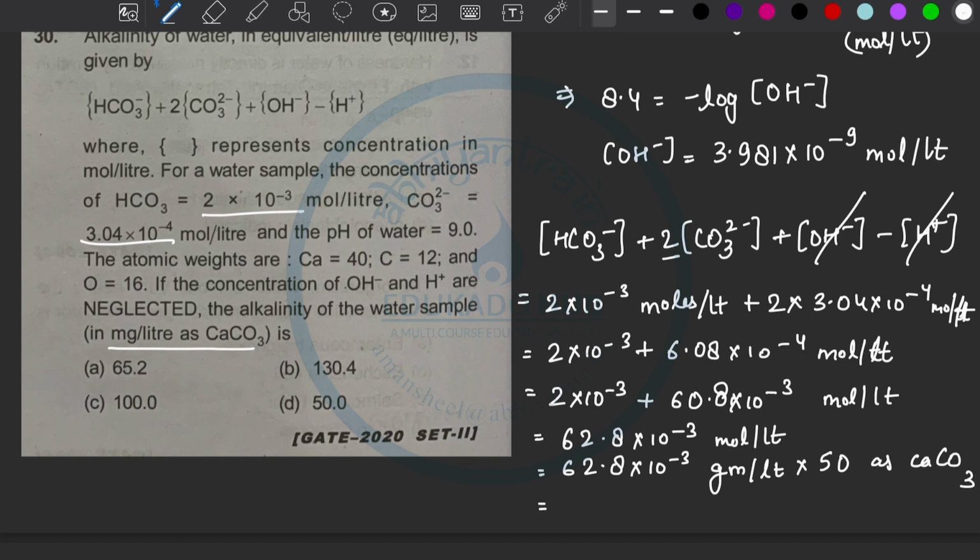So it will be 130.4 into 10 to the power minus 3 grams, that is 130.4 milligram per liter as CaCO3. So the correct option is 130.4. This is the answer.